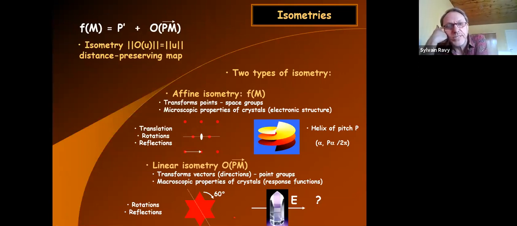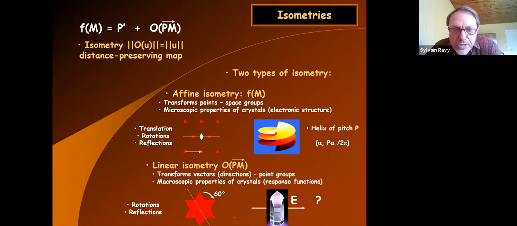So isometries, as you know, are distance preserving maps. And in this lecture, I will try to show you that we need two types of isometry to understand a crystal, which are a little bit different. The first one is affine isometry. They transform points, and they belong to so-called space groups.